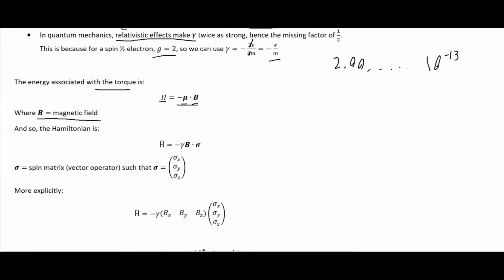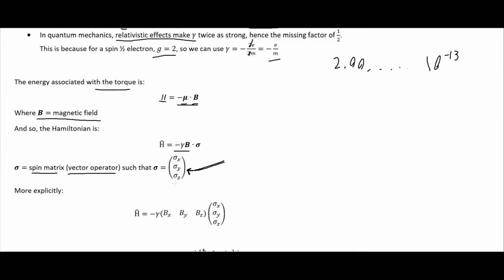And so we can make a Hamiltonian operator that is minus gamma B dot product with sigma, where sigma is the spin matrix, and it's bold, so it's what's called a vector operator, where we can put matrices into a vector like this. In the previous video, I mentioned another video from another YouTuber where he derives the Pauli spin matrices in a different way, and he actually looks at it more using this formalism instead.